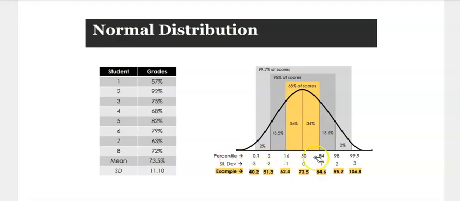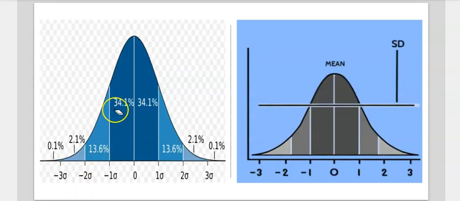So 34% more is 84, and 34% less is 16%. It's very easy to understand. Again, the same repetition of what I showed: standard deviation 1, 2 and 3, which is about 68, 95 and 99%.